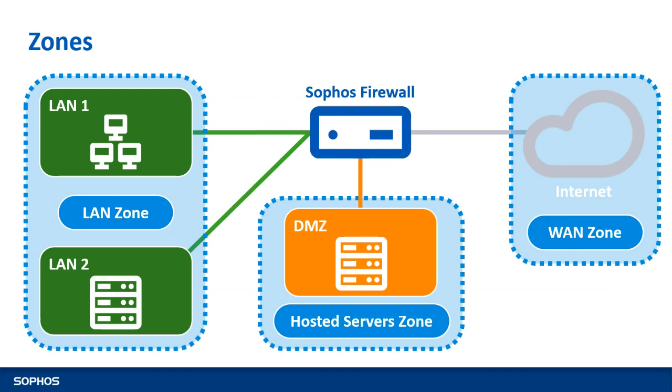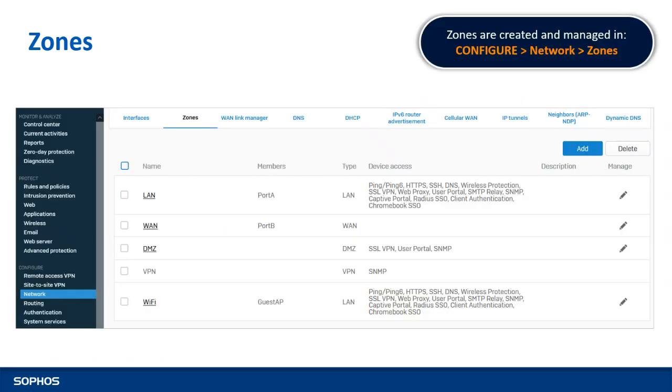Each interface is associated with a single zone, which means that traffic can be managed between the zones rather than through an interface or network, simplifying the configuration. Interfaces and zones are not equivalent, so multiple interfaces can be associated with a zone, and each zone can consist of multiple networks.